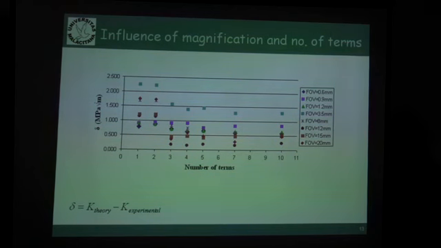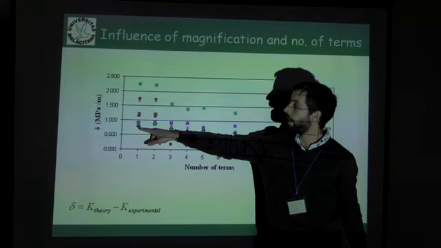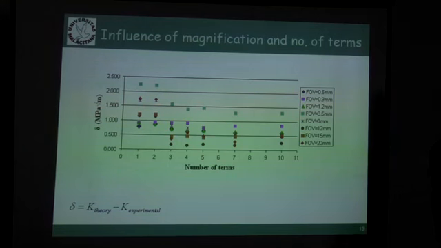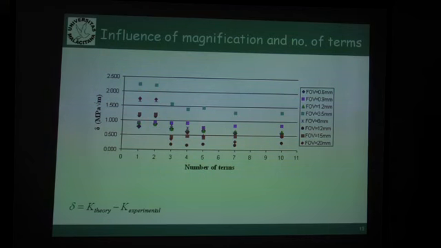The first thing is that if we use one term in the Williams expansion, the best result is obtained with the smallest field of view, which sort of matches the thinking that this field of view is going to be roughly the size of the K-dominated zone.